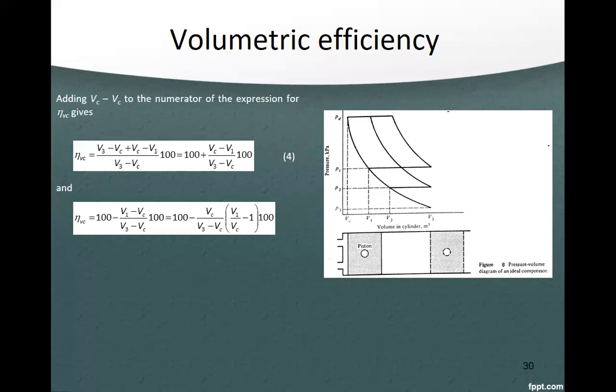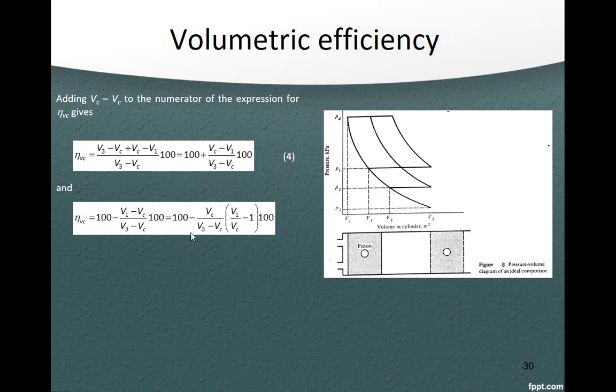Adding VC minus VC to the numerator of the expression for ηVC gives, masiro din yan, walang problema: V3 minus VC plus VC minus V1 over V3 minus VC, times 100. So mga operation ito ang papakita mo kung paano naging ganito. So magiging 100 plus VC minus V1 over V3 minus VC, times 100.